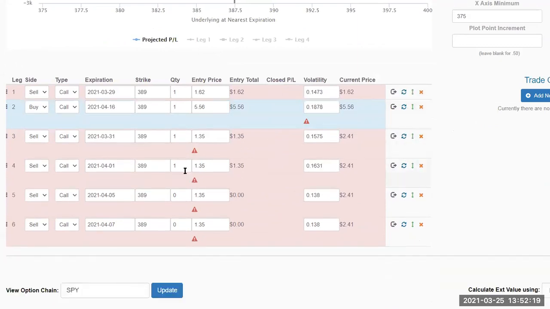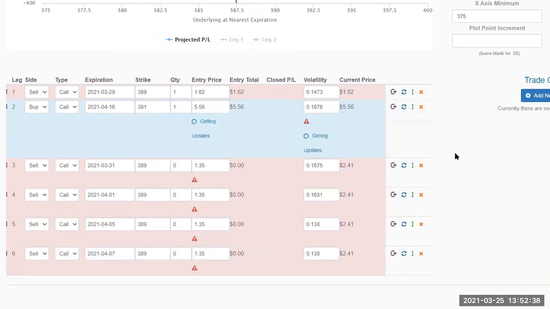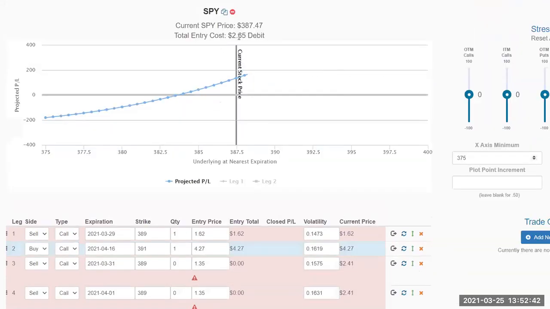All right, so let's do one more thing and just create a small diagonal. And we'll go, let's see, we'll go 391. And so that one will create a 265 debit.